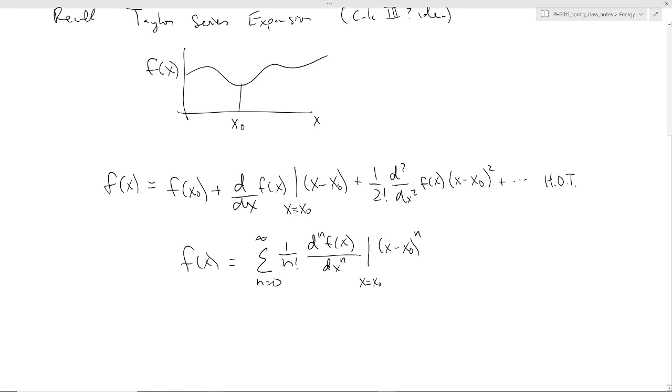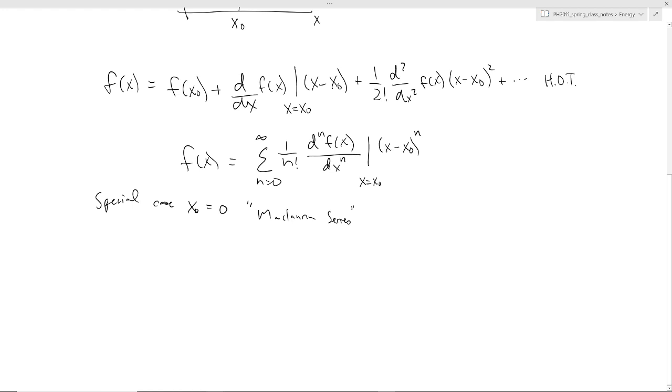And a special case of this is where x naught is 0, and that's called the Maclaurin series. But that's just kind of a detail. And we're going to make use of this series expansion idea, or we have sort of already, maybe we've talked about this. One circumstance where it crops up is when you're talking about small angles.